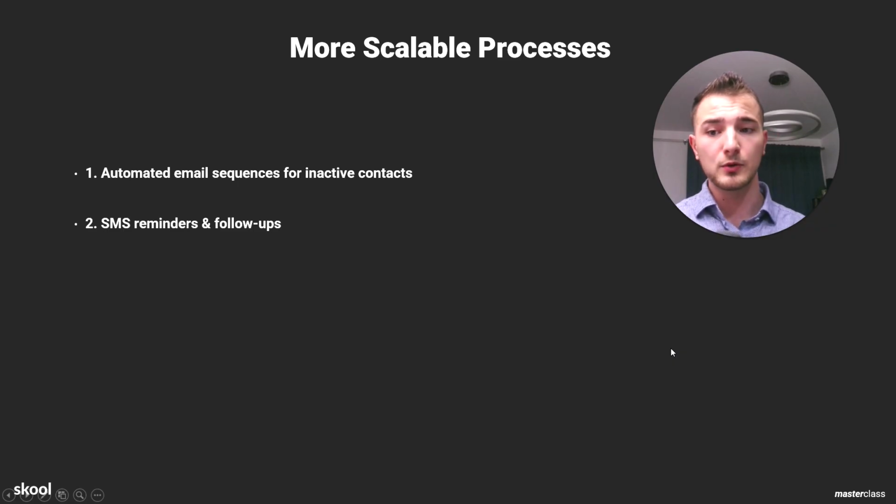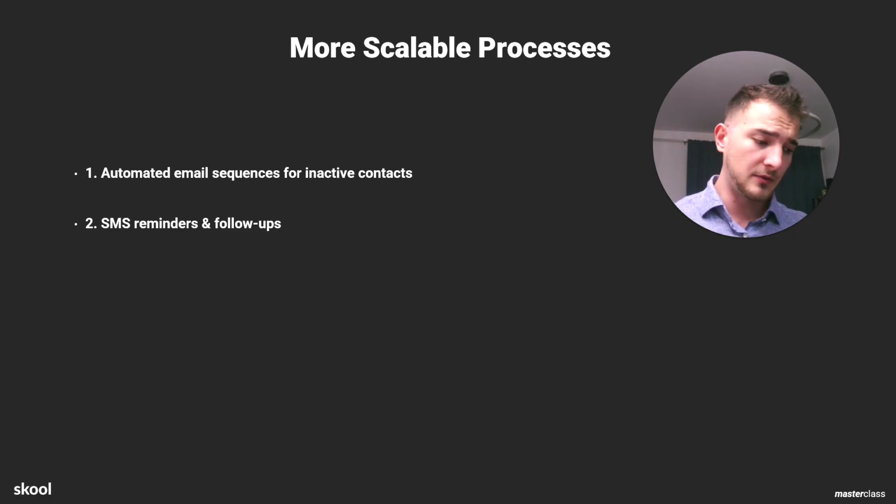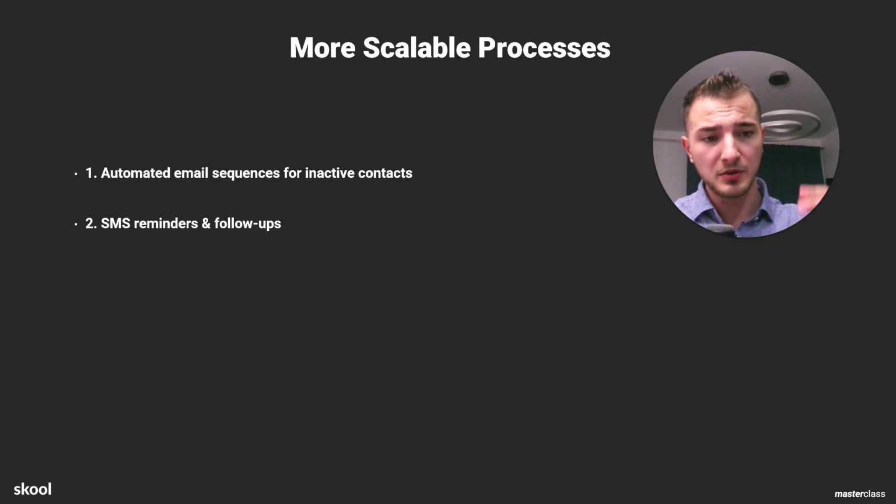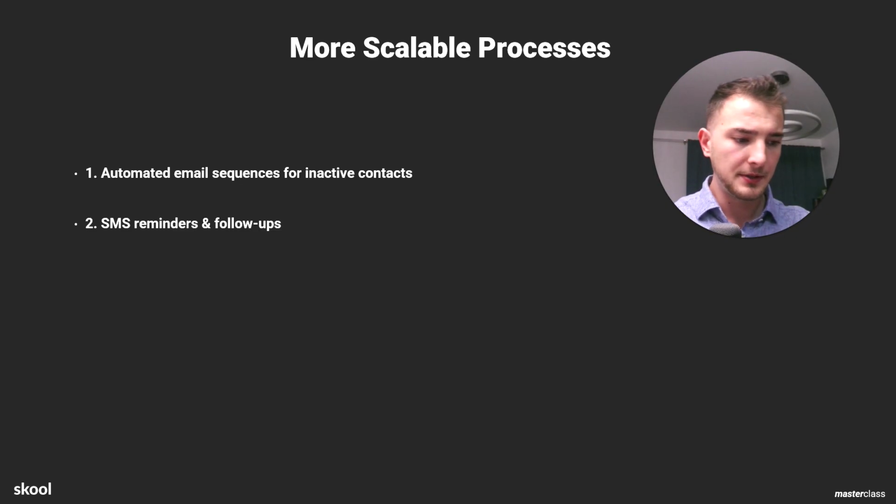SMS reminders and follow-ups also work really great, because a lot of people don't read their email every single day. So when you send them an SMS, but don't spam them, it can work really well with a new offer, a new insight or just a tip, just to get them in contact with your business.